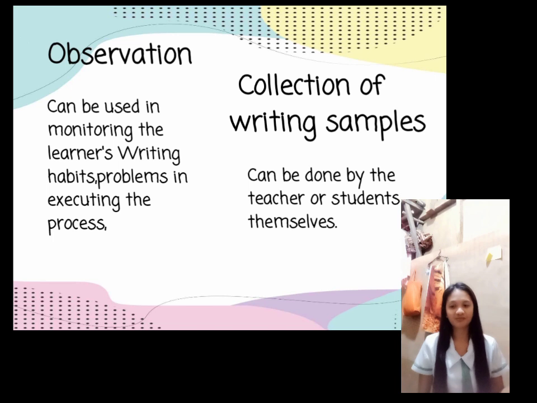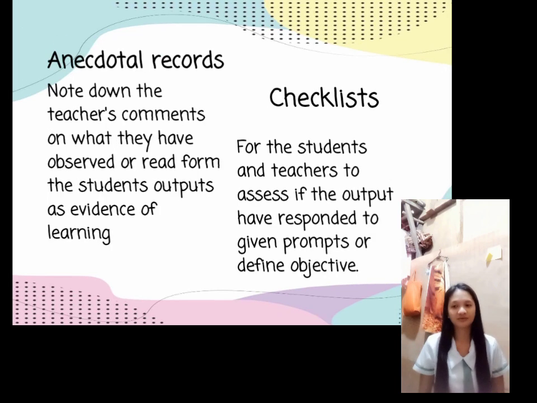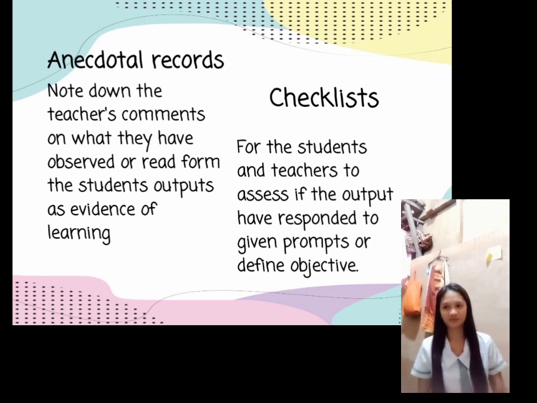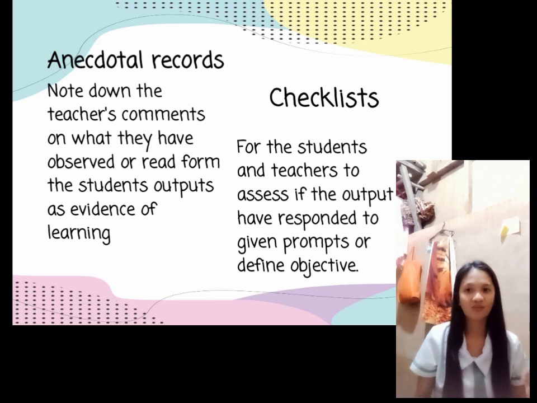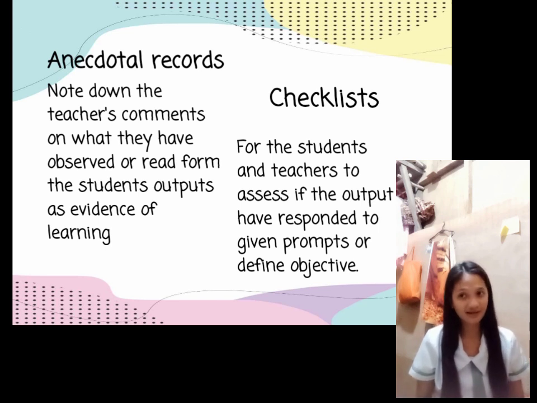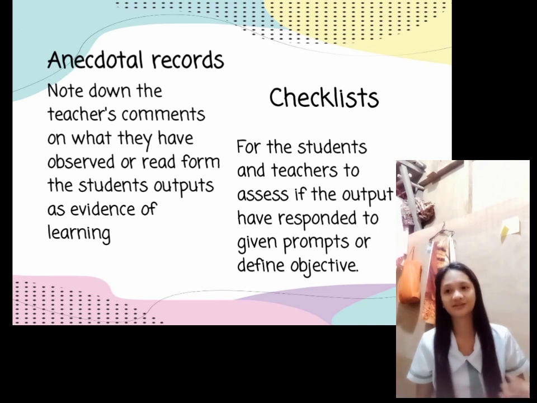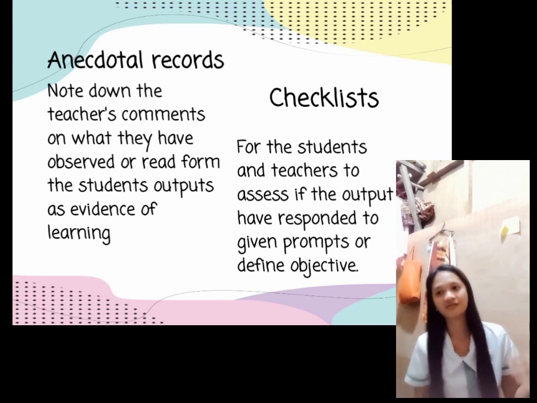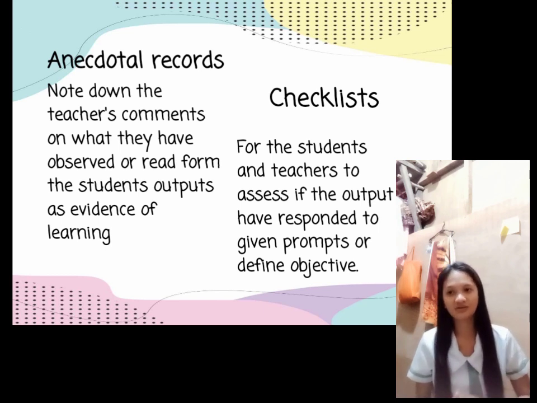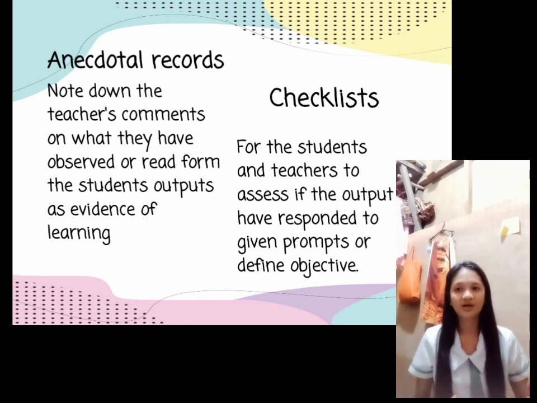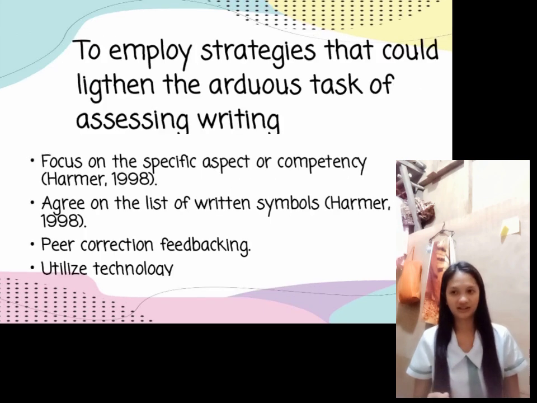However, it is best if the learners themselves collect their written outputs in their portfolio. Next is anecdotal records. Note down the teacher's comments on what they have observed or read from the students' outputs as evidence of the learning. And the last is the checklist, for the students and teachers to assess if the outputs have responded to the given prompt or defined objectives.